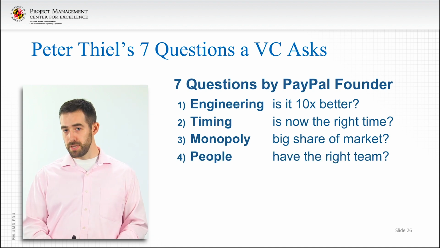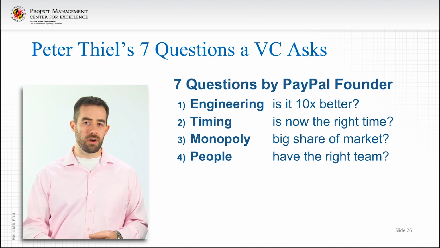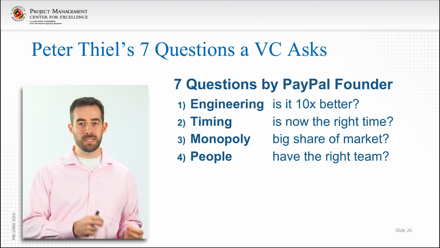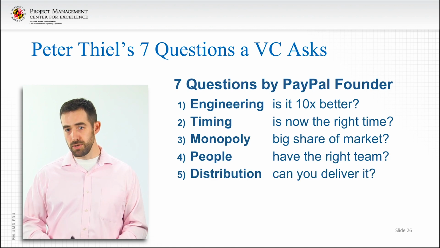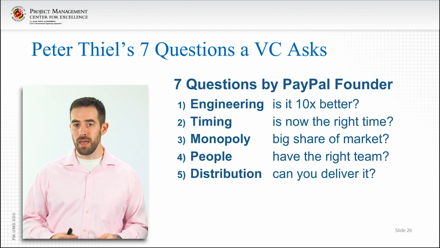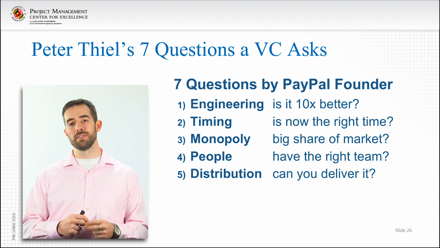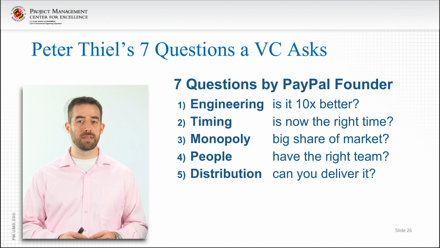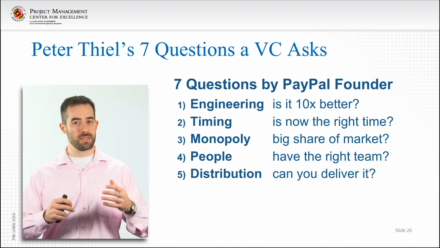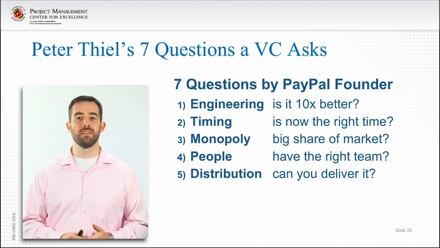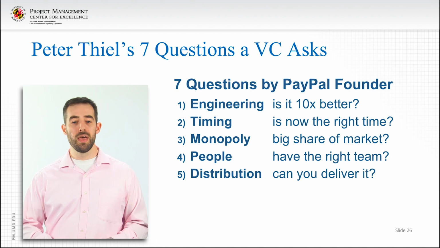Do you have the right people on the team? Can you continue to grow? Does your team have the expertise needed, or do you need to bring in more partners? Do you have the distribution capability? This is key, and oftentimes the reason why we see so many information technology products take off much faster than physical or cyber physical products is because of the fact that delivery is much easier.